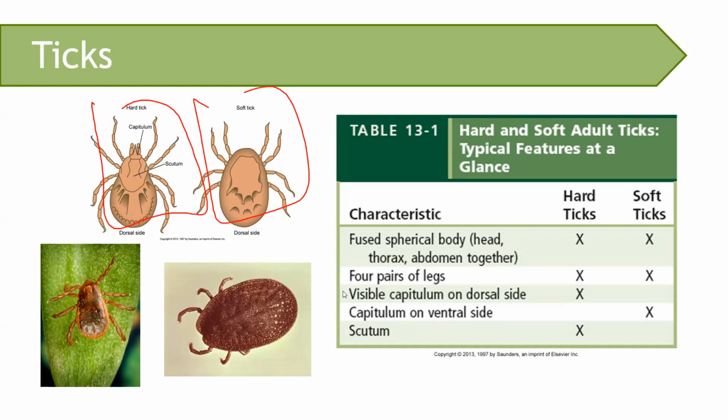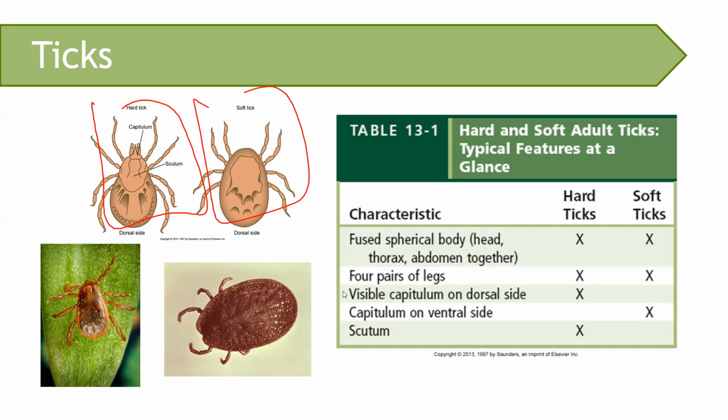Remember that, those are the three major parts of arthropods. That is present in both hard and soft ticks because that's the usual. Number two, four pairs of legs, for both hard and soft ticks.